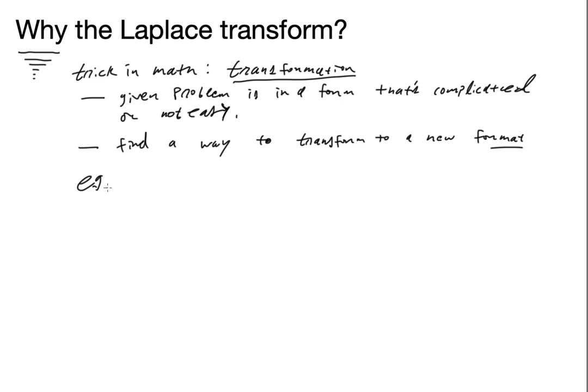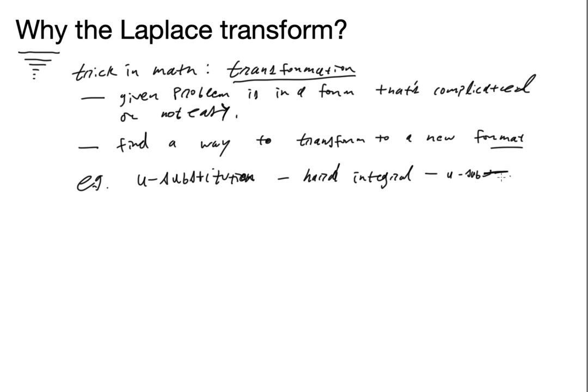One example of such a transform would be like a U substitution. And with U substitutions, again, you take a hard integral and U sub.